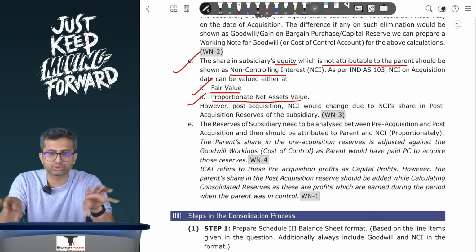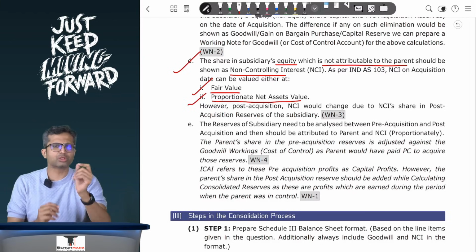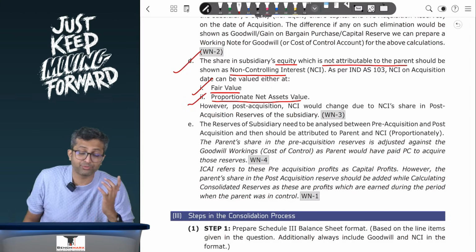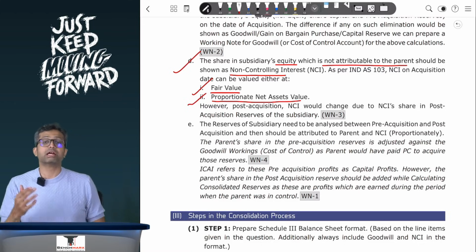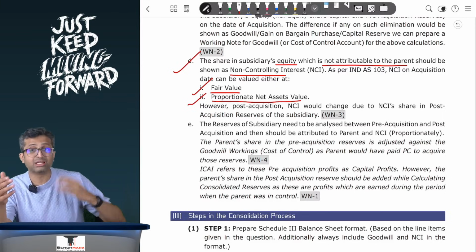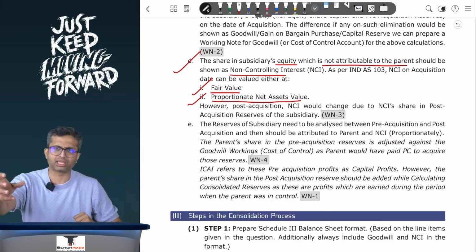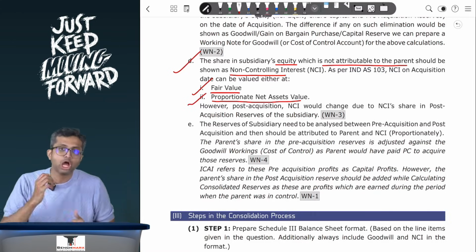We will do these workings and these steps, but I'm assuming over here that you are briefly familiar, if this is a revision video, not a first-time viewer's video per se. So 70% investment represents a 70% share in the capital, but I will also get a 70% share in the reserves that were existing on the date of the acquisition.